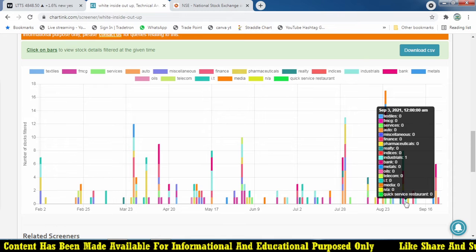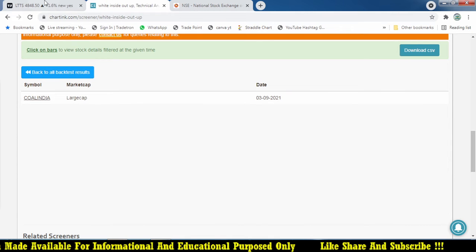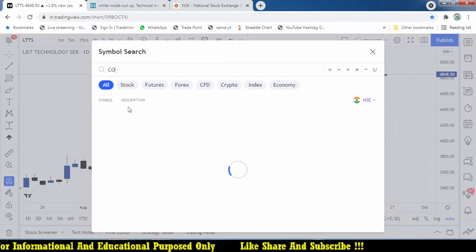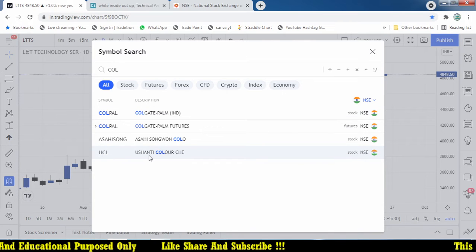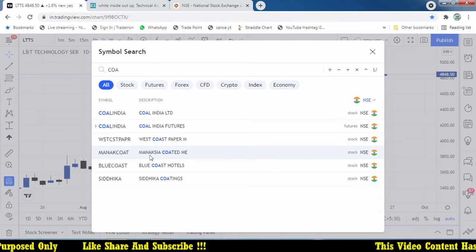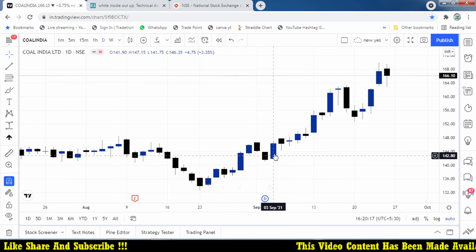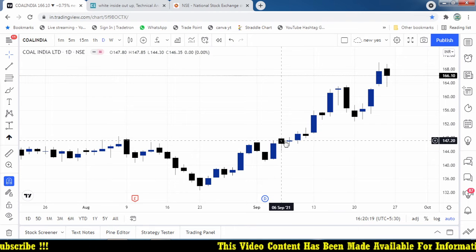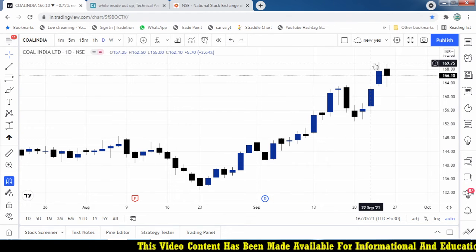The next day, 3rd September, we are at Coal India, and someone who knows about Coal India, this month it is giving such a great profit. On 3rd September, when it broke 147, almost 20 points is gone.